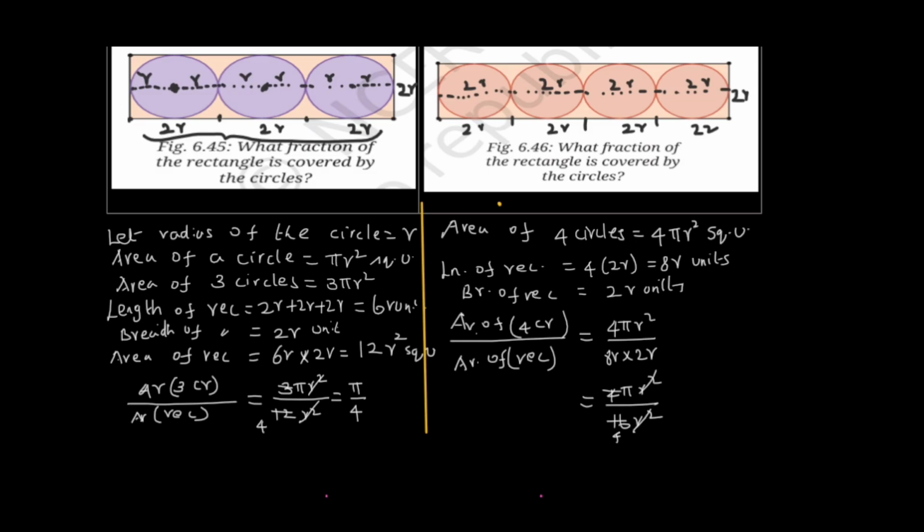It gives pi by 4 as the fractional value. So in both the figures we are getting pi by 4th part is shaded here. The circles occupy pi by 4th part, both the shapes.